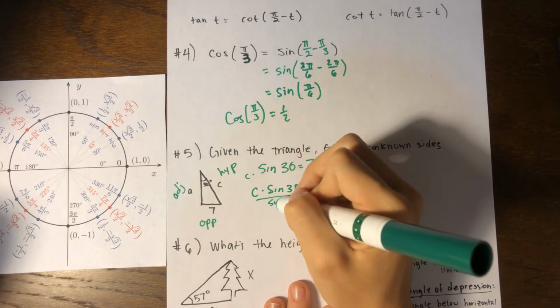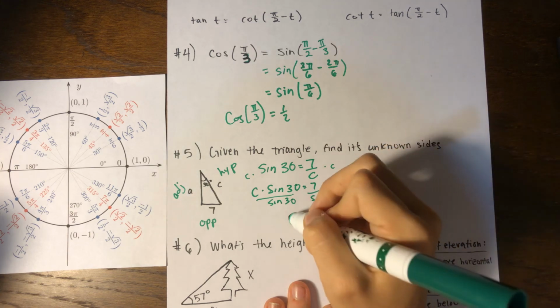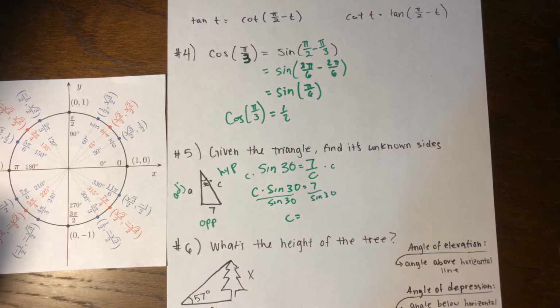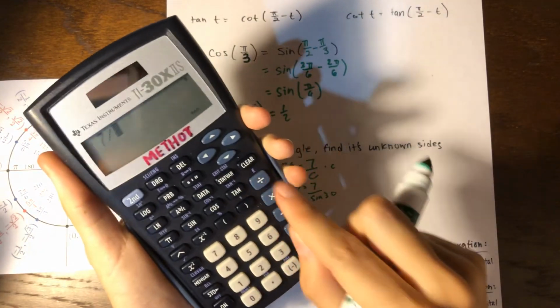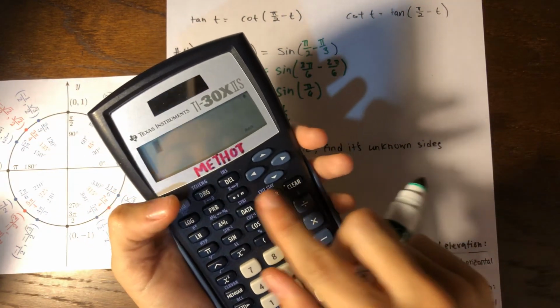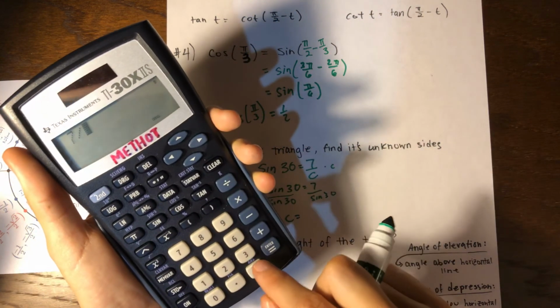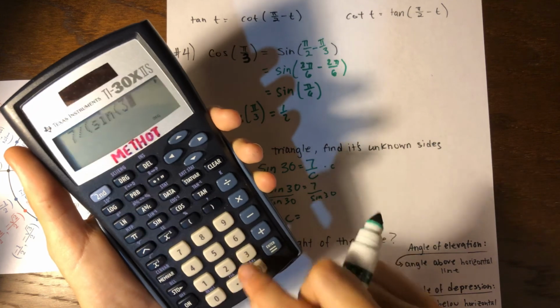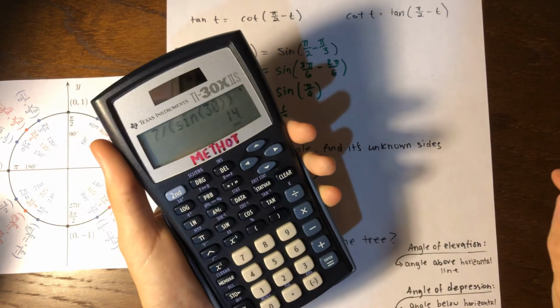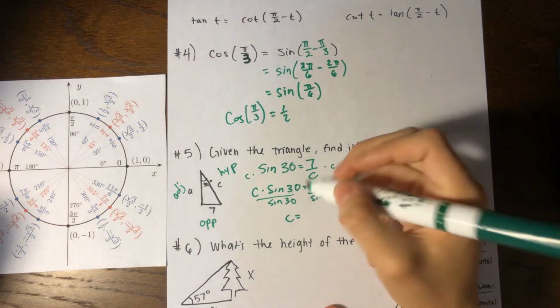Divide by sine of 30. C is, and then we would do that in the calculator, 7 divided by, oh, switch to degree again. Make sure you guys are doing that. Okay, it's easy to forget. So 7 divided by sine of 30. I get 14. Okay, so C is 14.